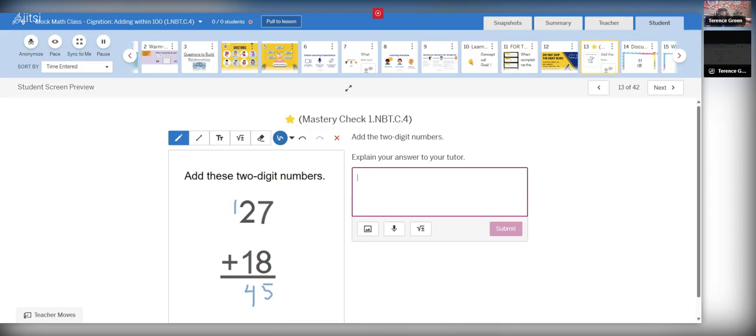So we identified the numbers in the ones place. And added them.